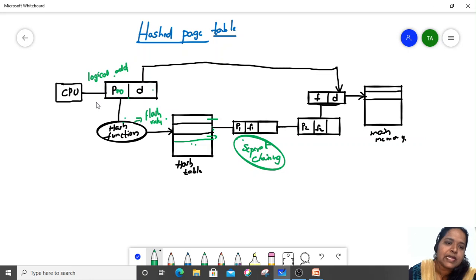Suppose, for example, the CPU has generated a logical address of 123, and the hash table is of size 10. The formula we have seen is h of k equals k mod n, where k is the key value and n is the number of memory locations.